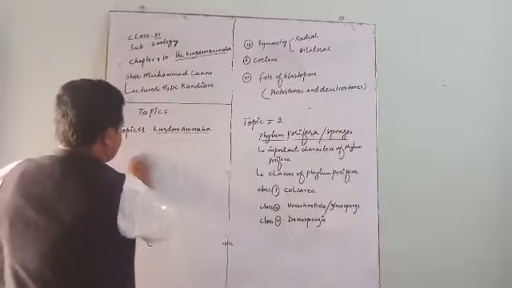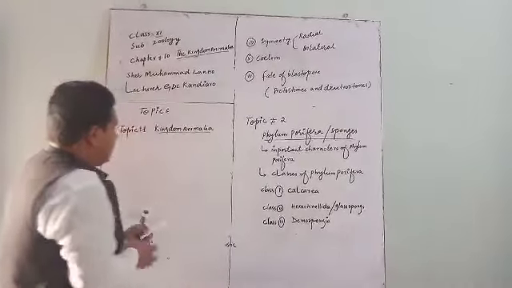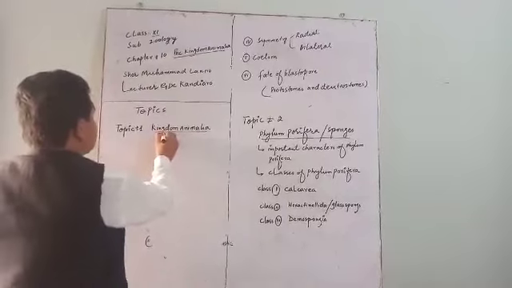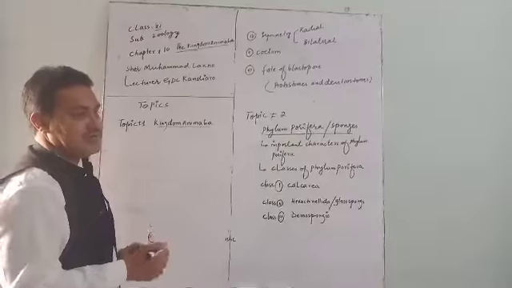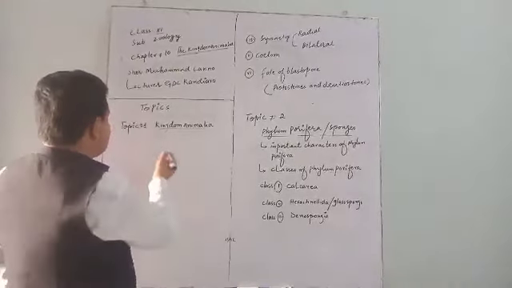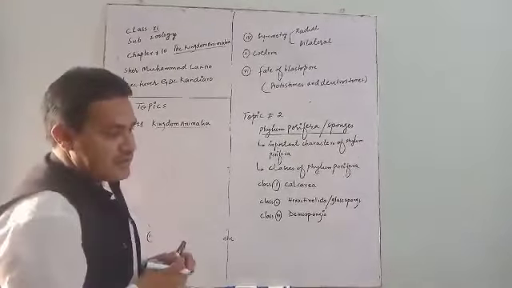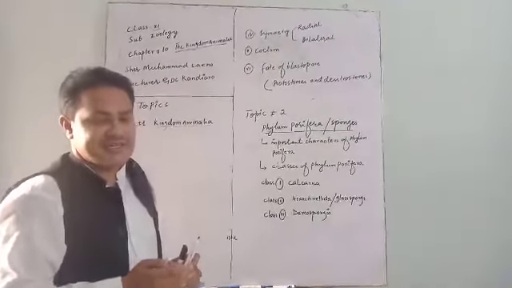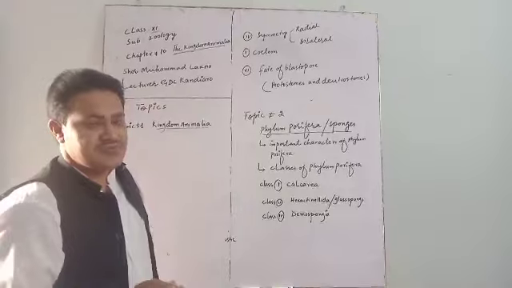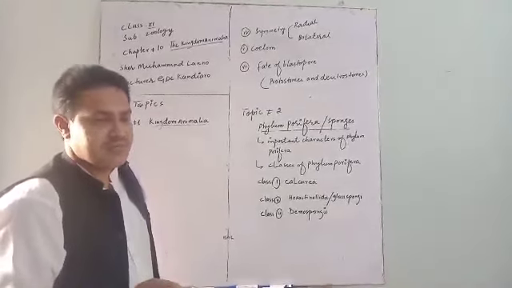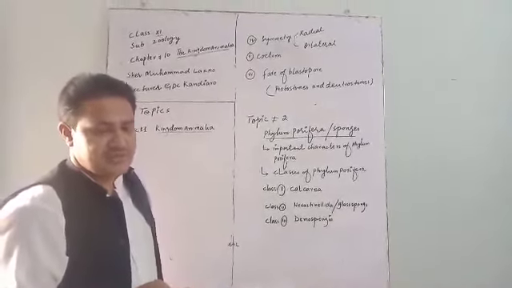Now, what is the kingdom system? First of all, we should have knowledge about kingdom systems. Scientists or biologists have classified living organisms into 5 kingdoms. Number 1 kingdom is Monera.